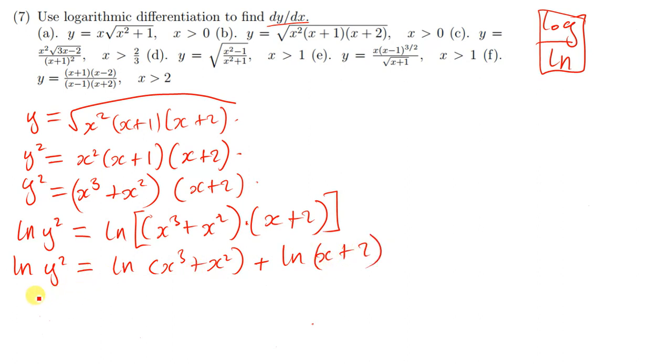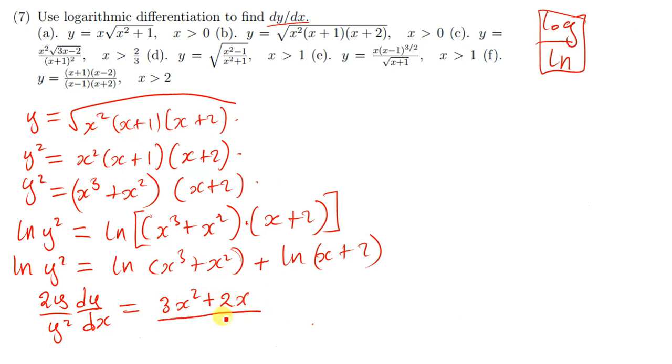So we can now differentiate. This side, we differentiate the function there. When we differentiate the function, we're getting 2y dy dx, and then we divide everything by the original function, which is y squared. So this is equal to, and then this side we also differentiate this function there, which will give us 3x squared plus 2x.